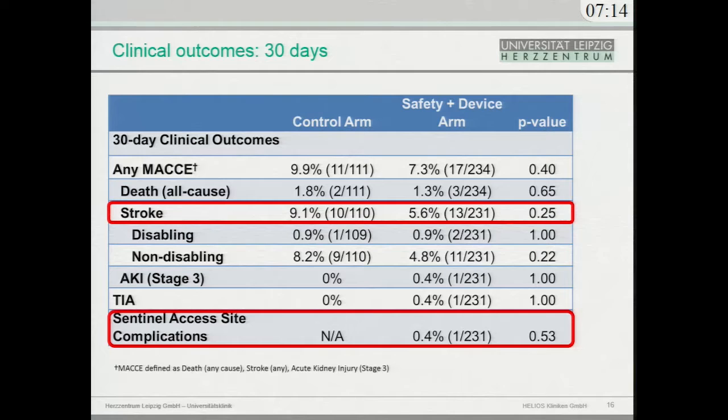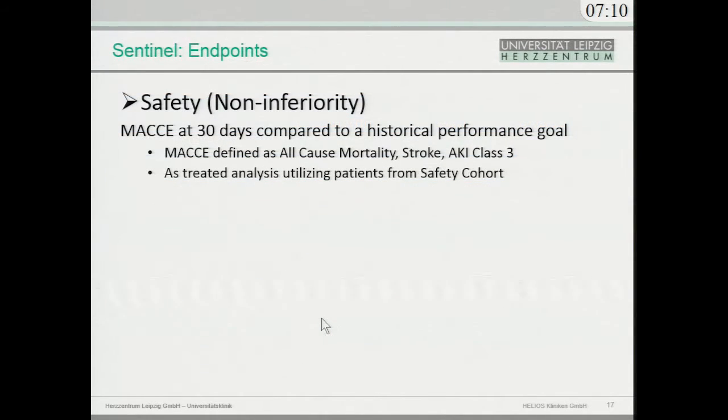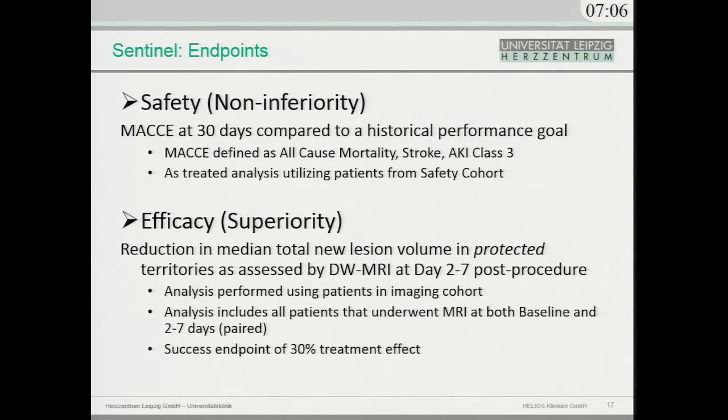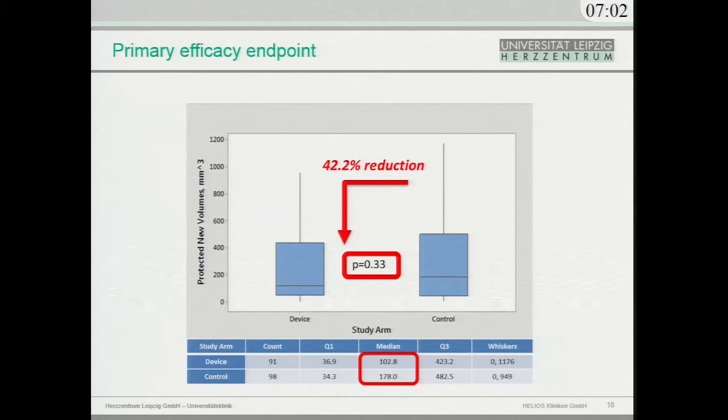There was also no difference with the Sentinel access device complications. And we were looking at the safety question and at the efficacy superiority question. And we could see this 42% reduction. However, this reduction did not reach the significance level. So this is where we are left at the present stage.